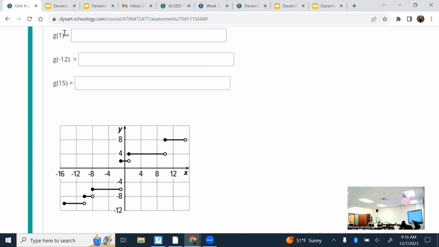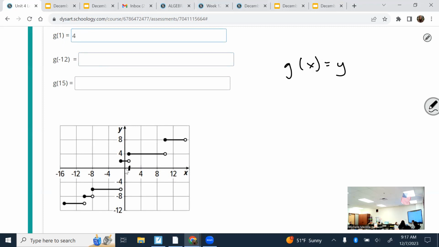They're giving you inputs because, for example, that 1 is replacing what would usually be an X. So if my input is 1, gotta find where that is on my X. So right here. What's my output here? Is it 2 or 4? 4, because that's where the solid mark is.